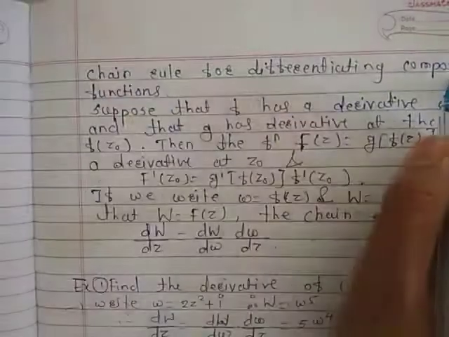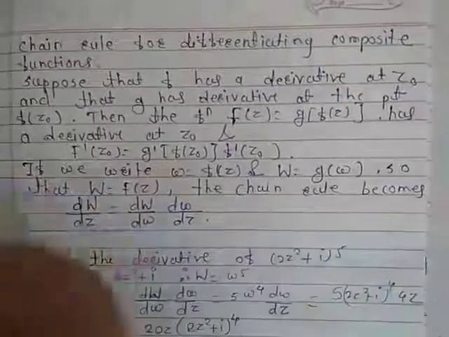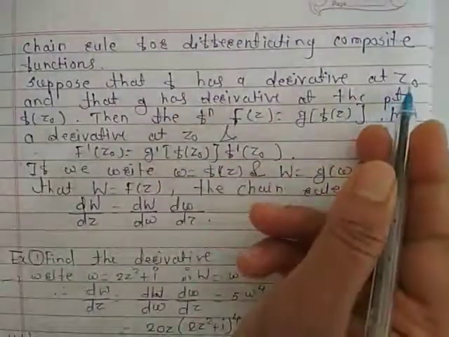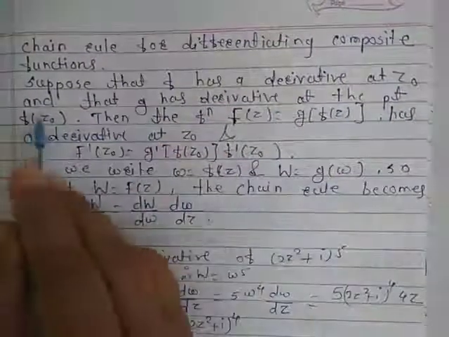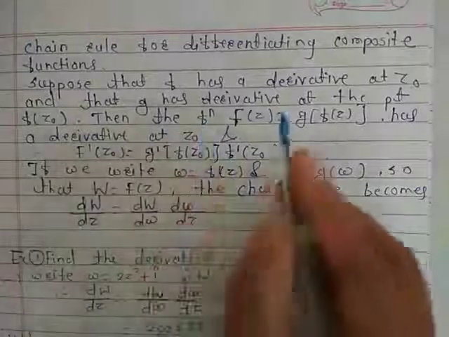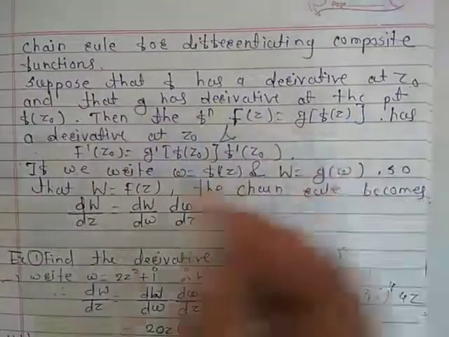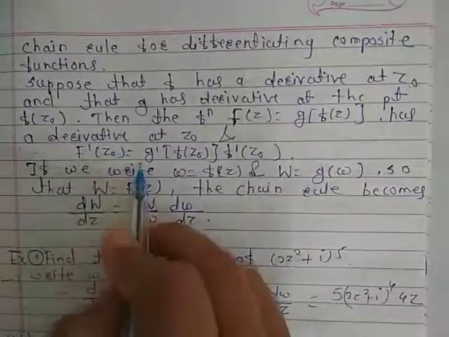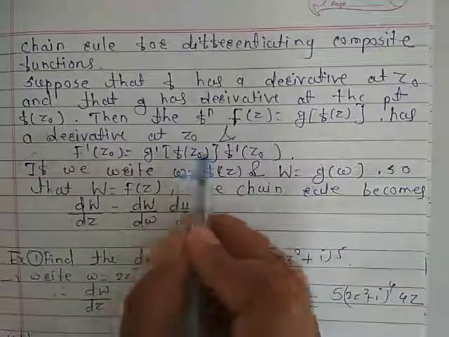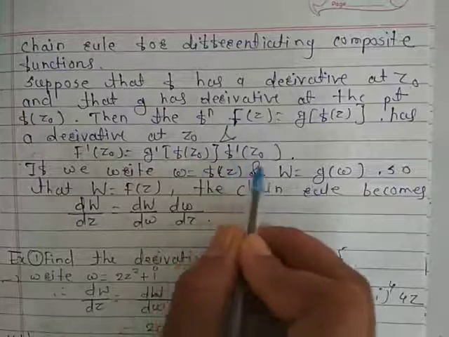Next is the chain rule for differentiating composite functions. Suppose that f has a derivative at point z0 and that g has a derivative at the point f of z0. Then the function capital F of z, which is g of f of z, has a derivative at z0, and F dash of z0 is equal to g dash of f of z0 into f dash of z0.